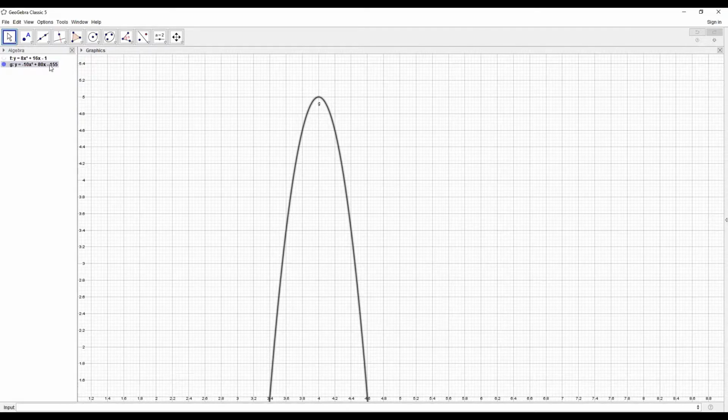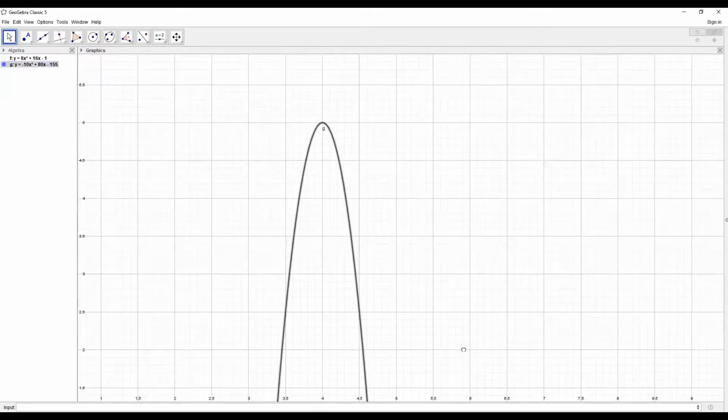But then GeoGebra automatically changed it to this other format, which I got by the algebra. You can see the vertex here at (4, 5), as claimed.